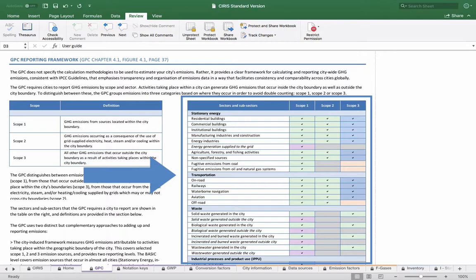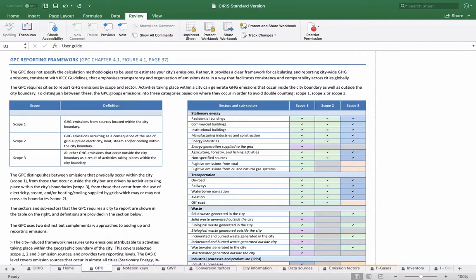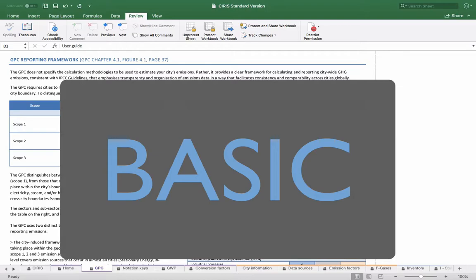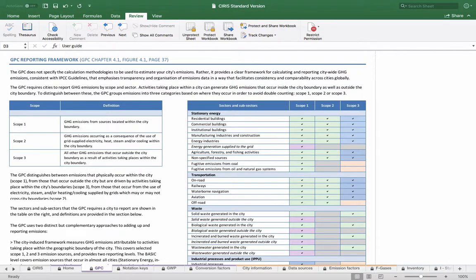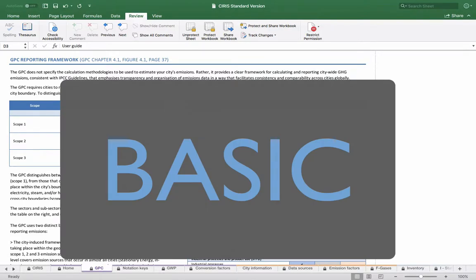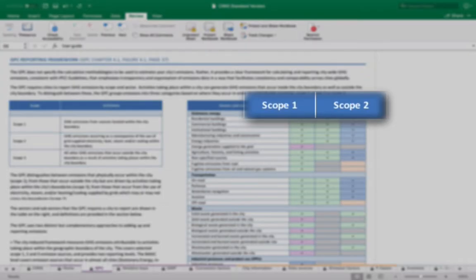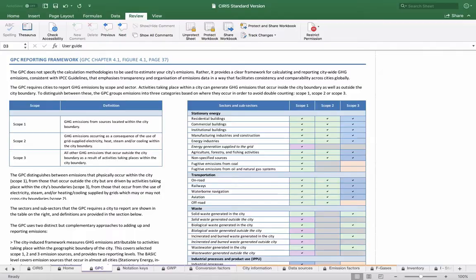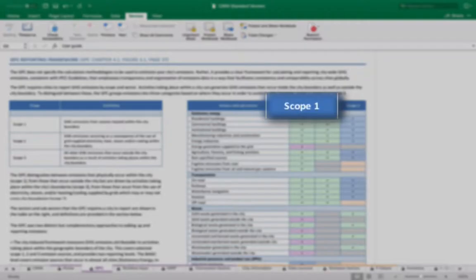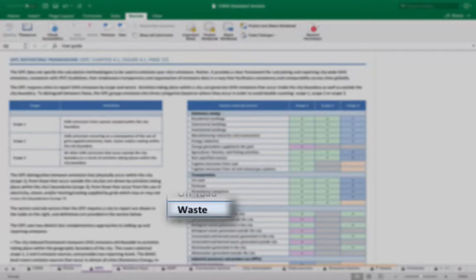The second table gives an overview of what sources and scopes are required for different GPC reporting levels. There are 2 main GPC reporting levels, Basic and Basic Plus. The Basic level covers Scope 1 and 2 emissions from stationary energy, transportation, as well as Scope 1 and Scope 3 emissions from waste.